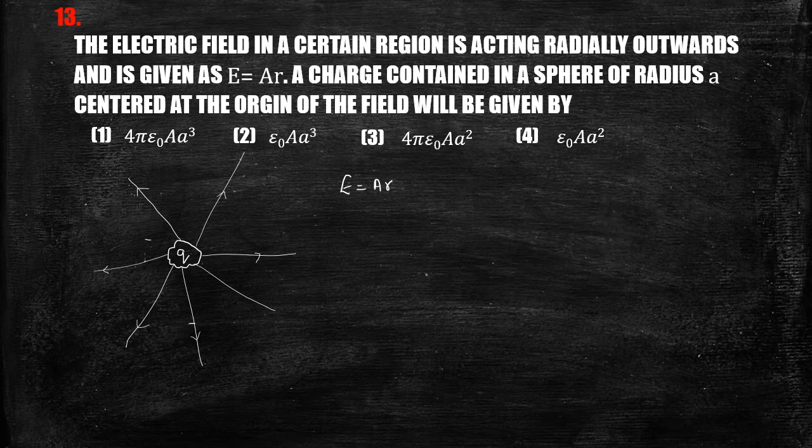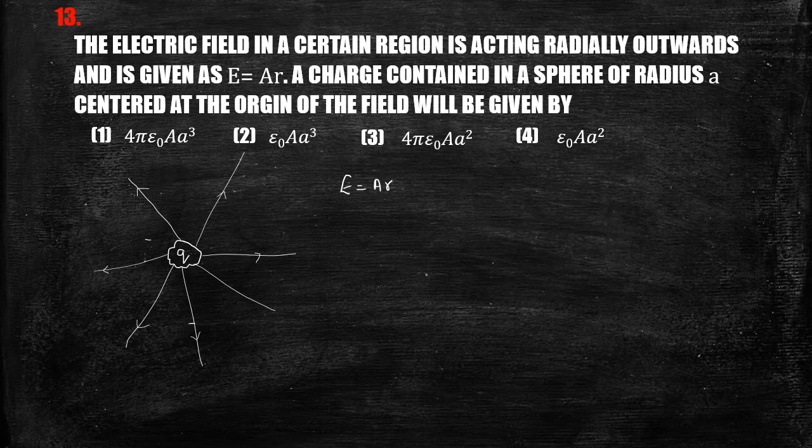So there is a spherical symmetry. So the points which are at equal distance from the origin of the field, or we say the center of the charge, will have equal field. That is, the points on a sphere of a particular radius would be equal. And this is the symmetry of the problem.